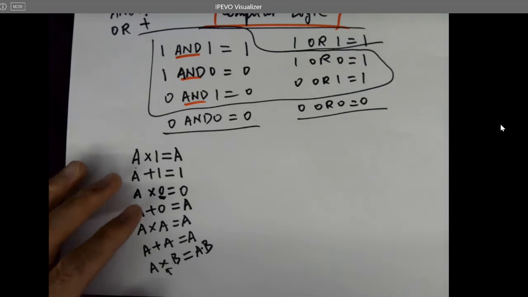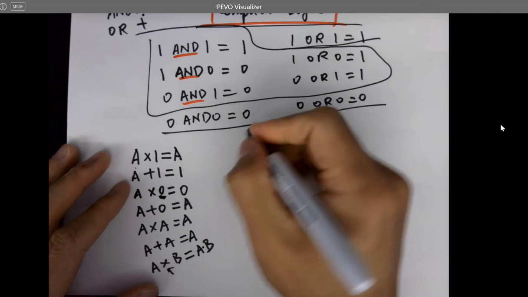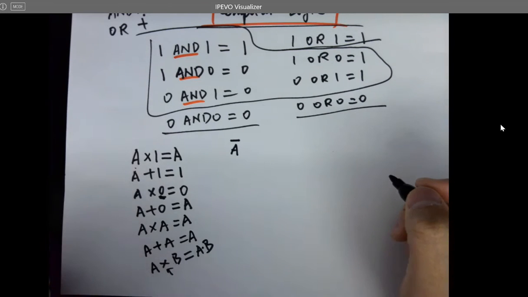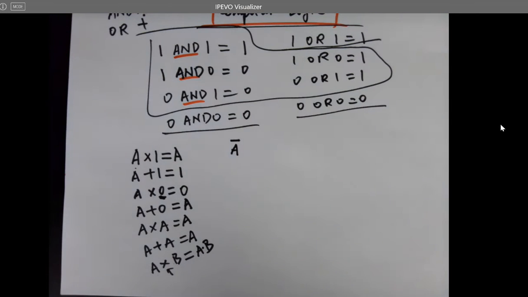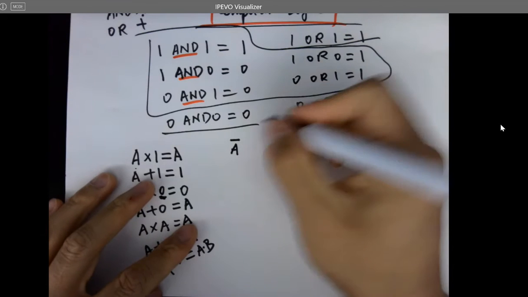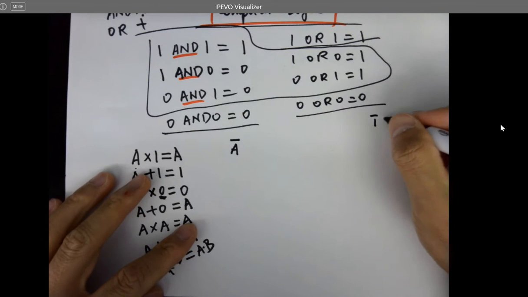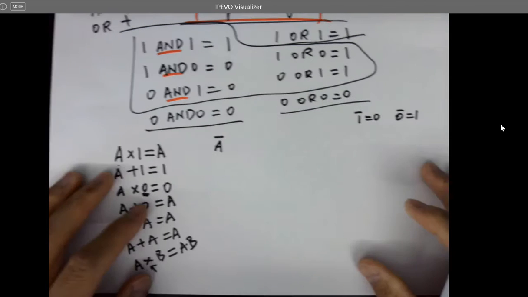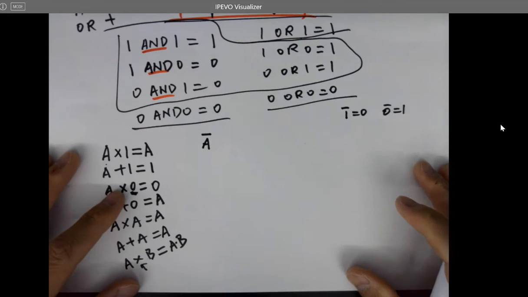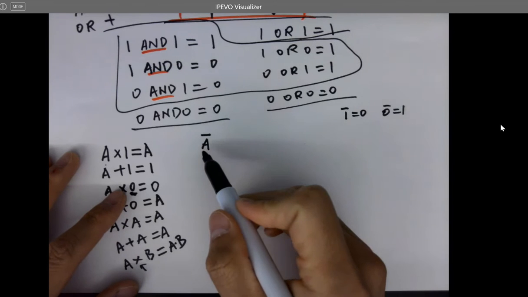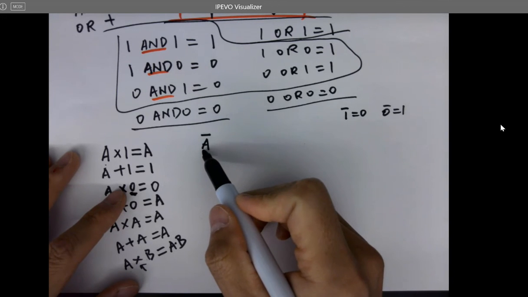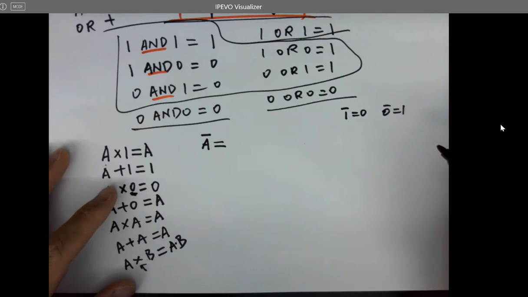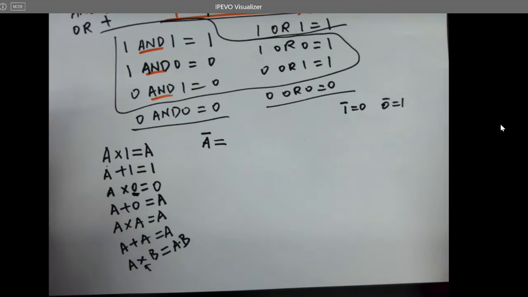So what about A naught? There's another operator, like a bar on the top. That means not. 1 naught is 0, 0 naught is 1. So A naught is anything inverted to A.